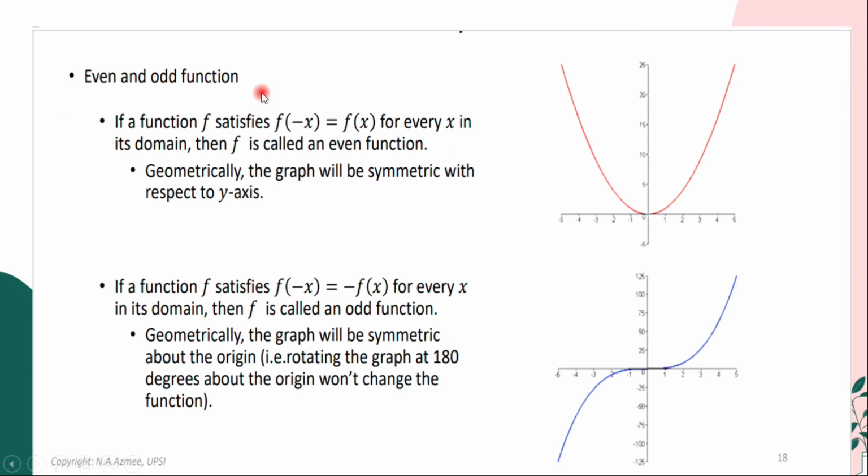Okay, so I will explain a bit from that video. For even and odd function, if a function f satisfies f of negative x equal to f of x for every x in its domain, then the function is called an even function.